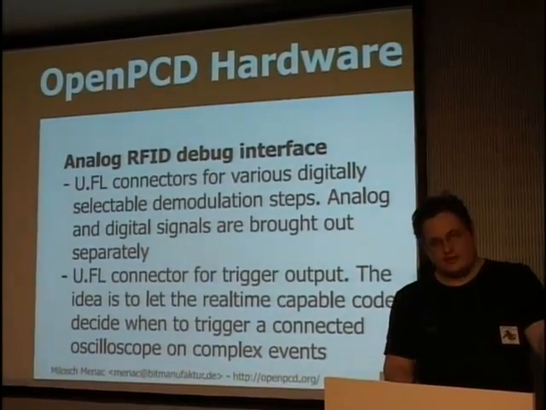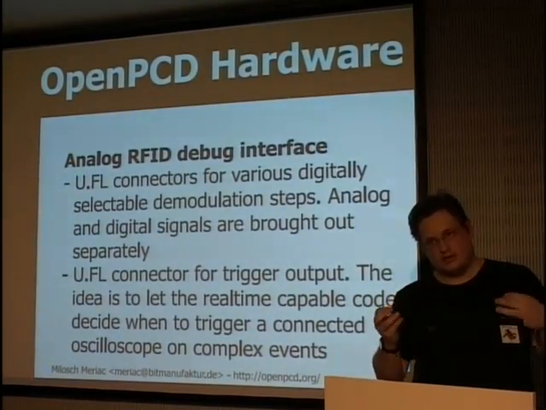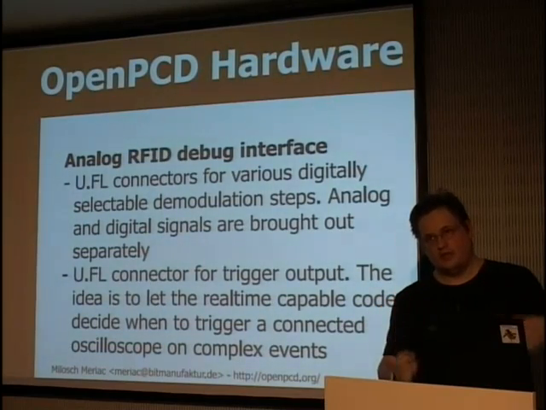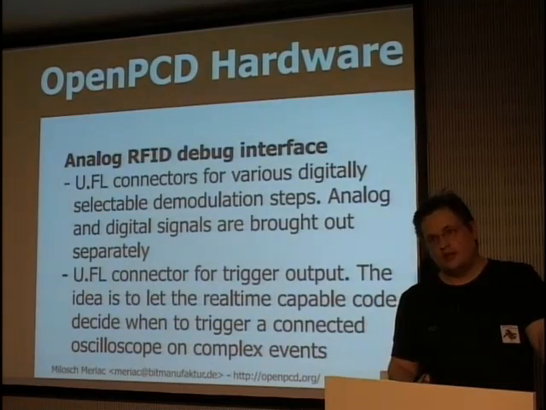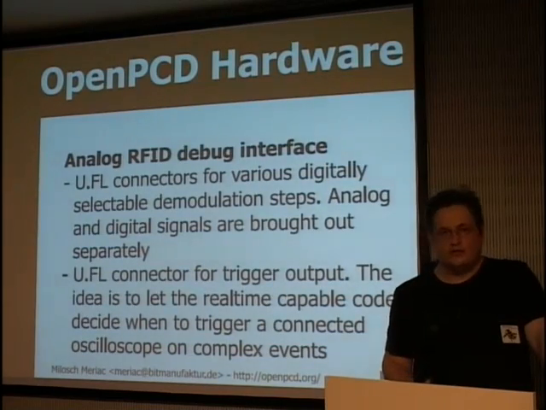To have this easily accessible, you have to be aware that the reader provides a strong magnetic field. So if you just tap your oscilloscope probe there, you get a lot of noise from the carrier frequency, and so you get a huge amount of distortion. So we decided to use these U.FL connectors, which you know already well from wireless LAN cards.